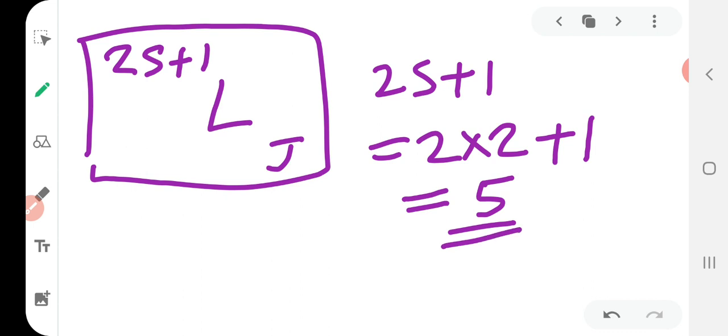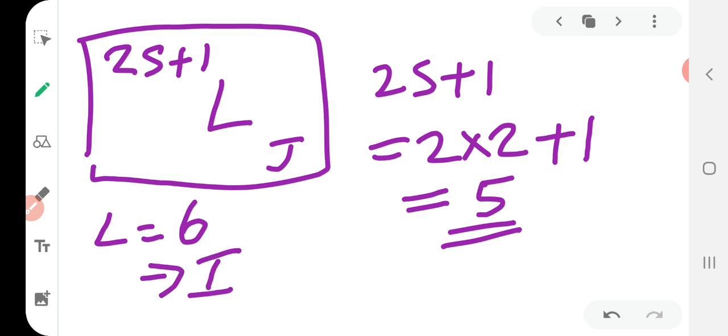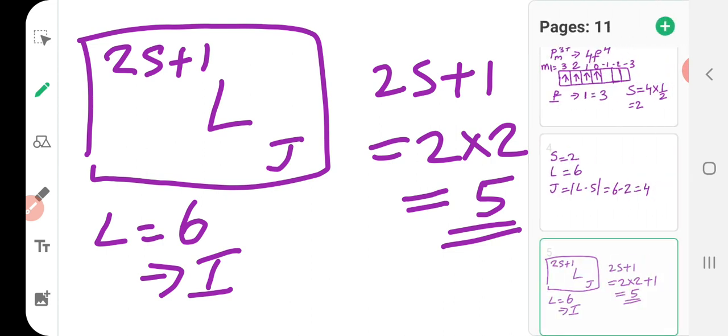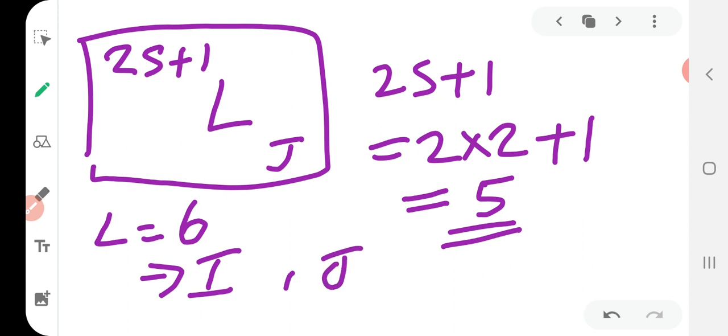And L we got as 6. L equal to 6 corresponds to which state? S, P, D, F, G, H, I. So this corresponds to the symbol I. And J is equal to 4. So we can represent this as 5I4.